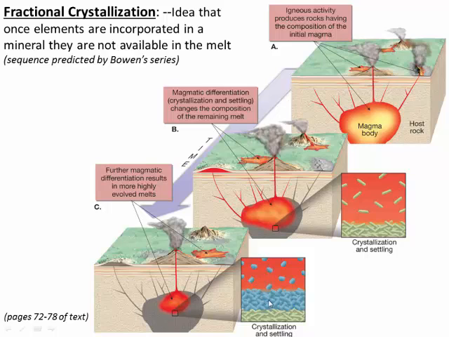And those crystals might settle out later. And of course, they're going to give a rock of completely different composition than the rock which was formed first by the mafic minerals settling out. So the process of fractional crystallization has actually given us two different rock types from the same magma chamber.